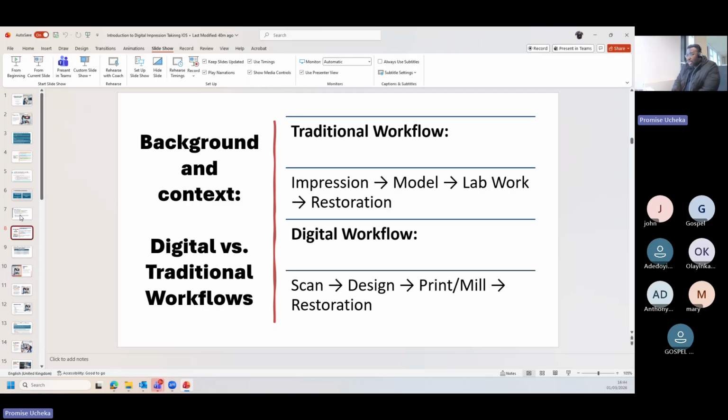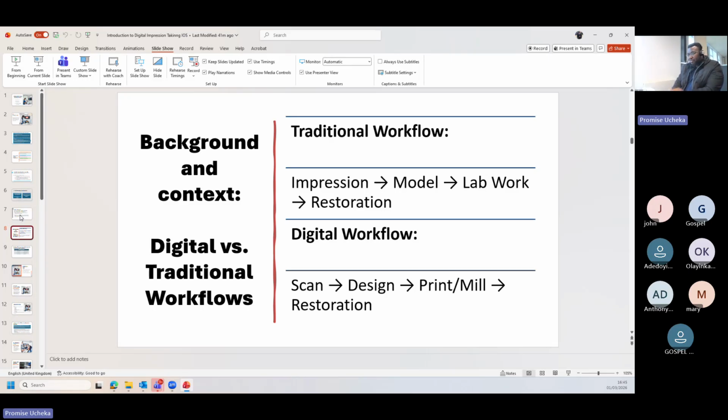Traditionally, in a dental workflow, you do the manual impression taking, which you have all described, and then you do the model. After the modeling, you go to the lab where you do the stone casting and all of that, before the technicians can produce whatever restoration is required.